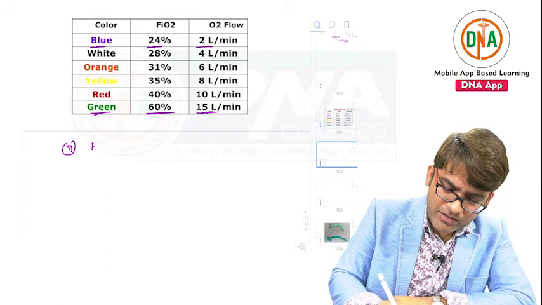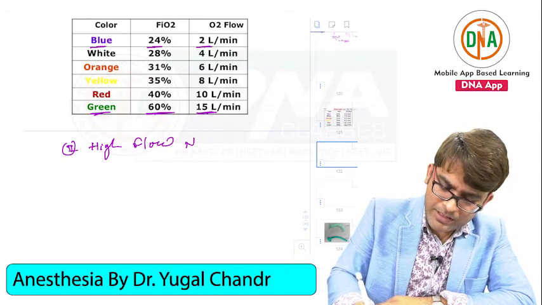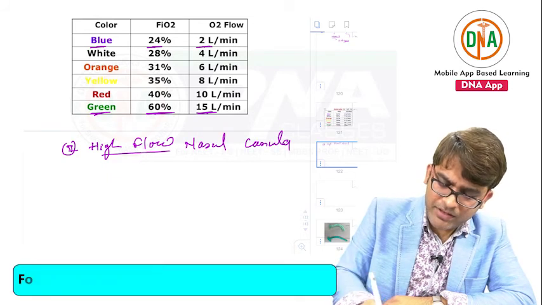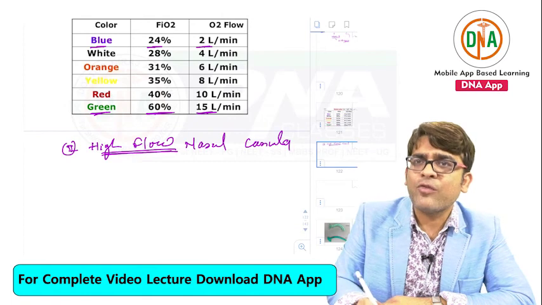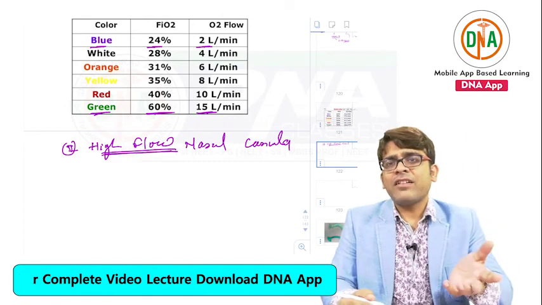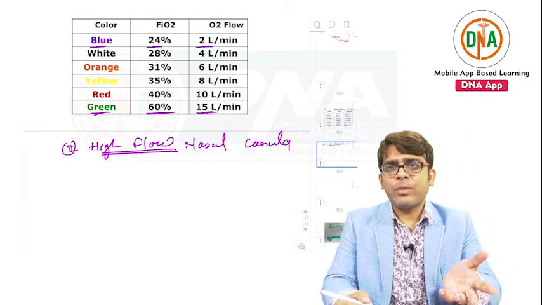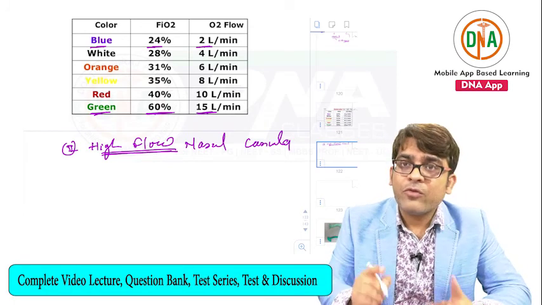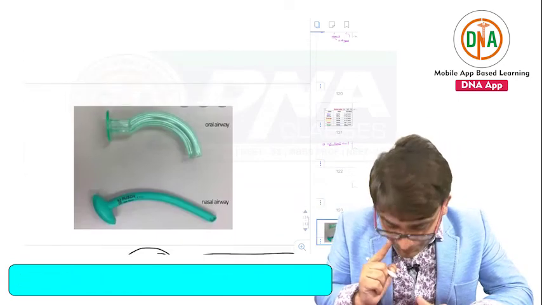The second one is the high flow nasal cannula. Even by name, it is written high flow, so it is a high flow fixed performance device. And the third one is oxygen blenders, which are not generally asked. Okay, so the Venturi mask is very important.